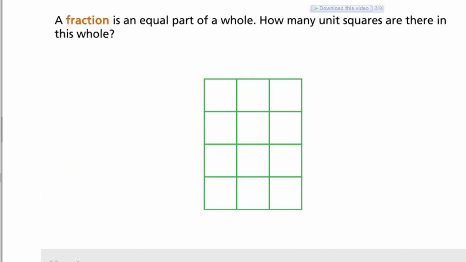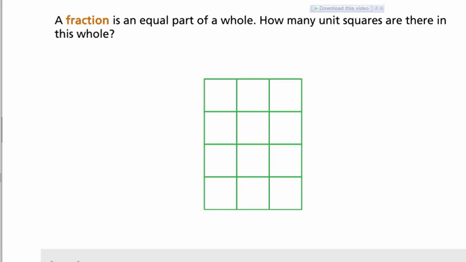A fraction is an equal part of a whole. How many unit squares are there in this whole? Ali Yasin. I am here. Okay, go ahead. How many squares can you find?